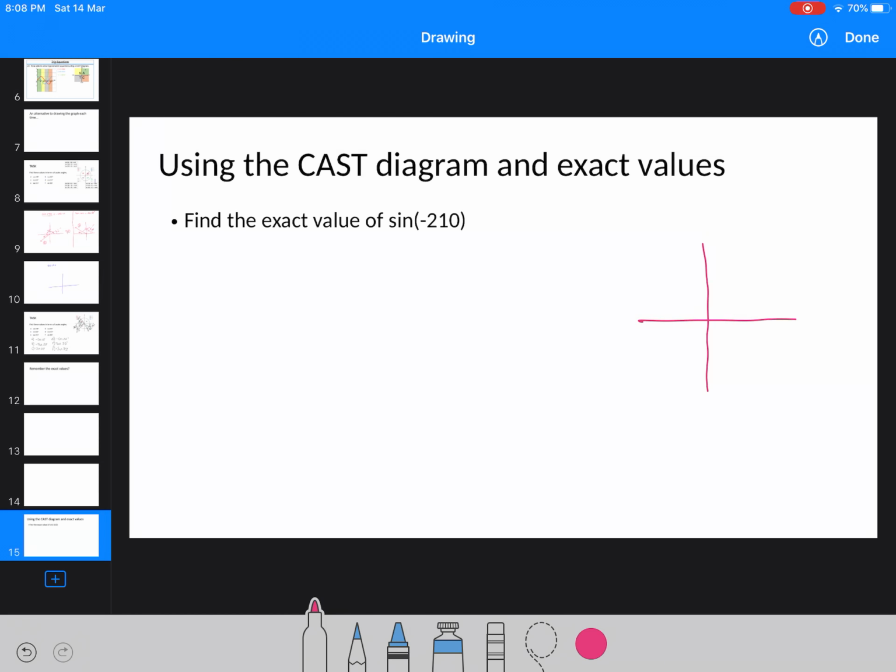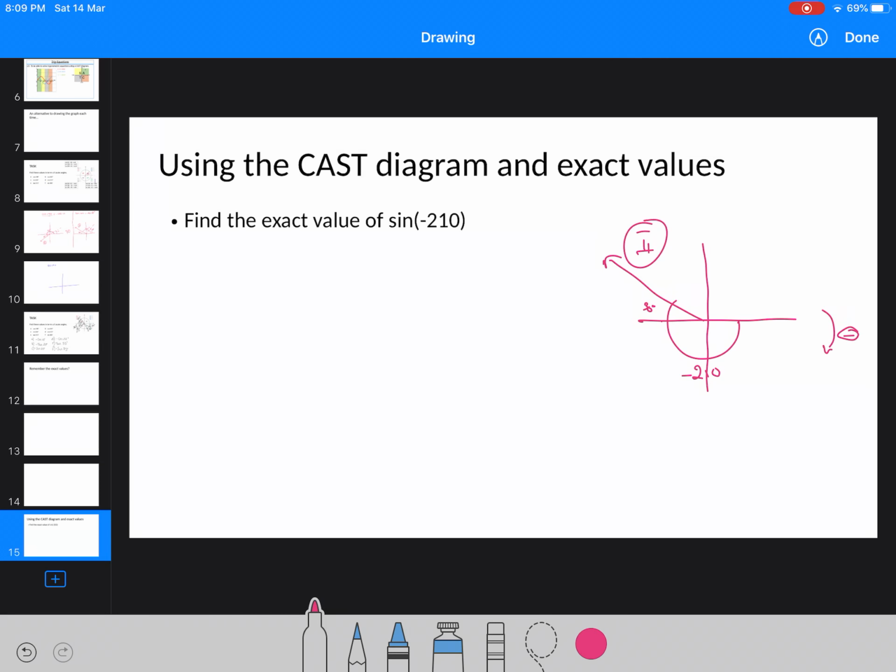Again, before I start, I need to sketch quickly the coordinate plane. Minus 210 means you have to go clockwise, because the negative direction is from the x-axis clockwise, and I'll go all the way through this quadrant. So this angle is minus 210. If up to here it's 180, what is left for this acute angle? 30 degrees.